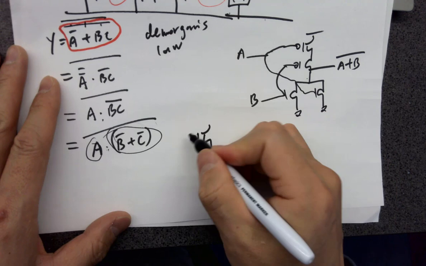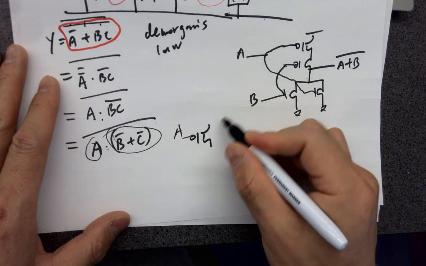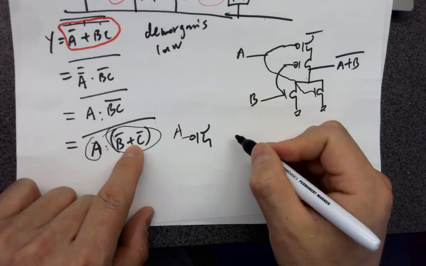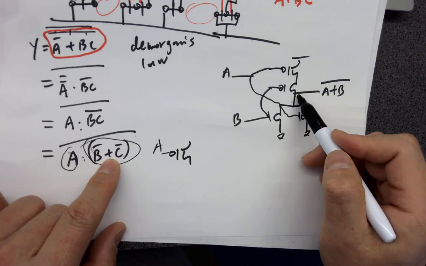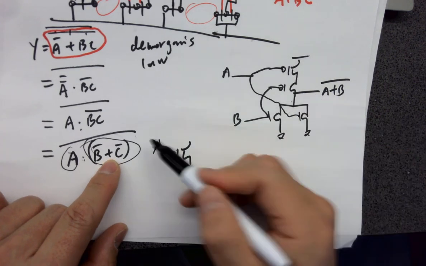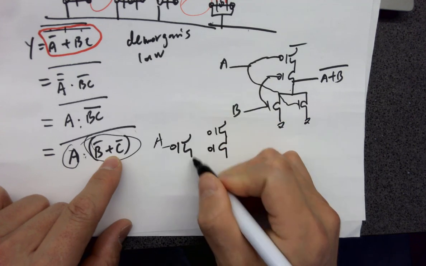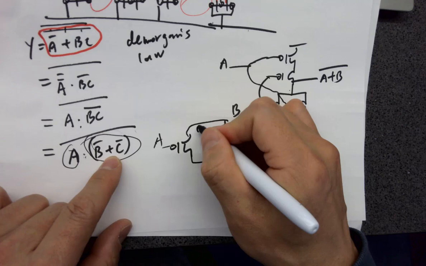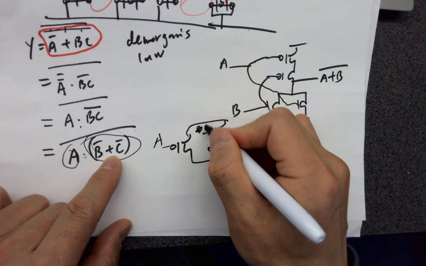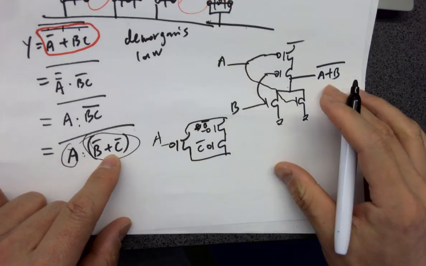Okay, whatever is in here, you know there will be something in parallel here. And because it's OR logic, always think about the NAND gate. OR logic, you have PMOS in series. So these two signals have to be in series. So that is B, or just directly use B not and C not.